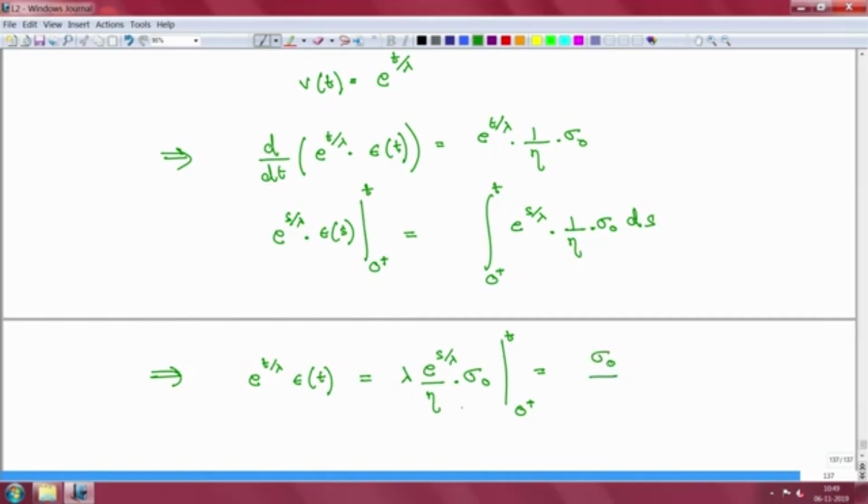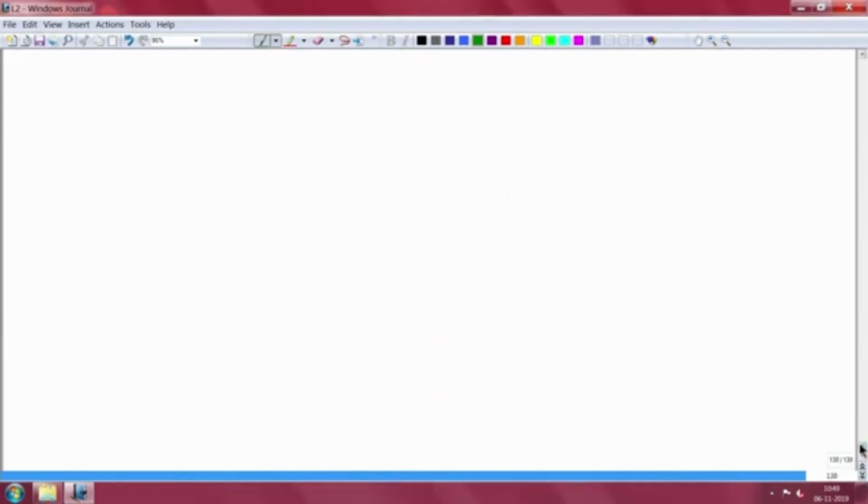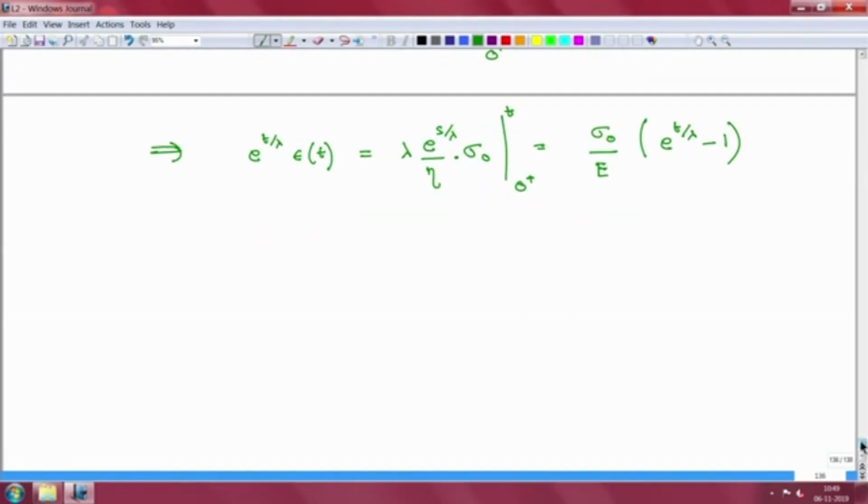So lambda by eta is 1 by E. So your epsilon t is equal to sigma naught by E times 1 minus the exponential, which I am taking onto the right-hand side.